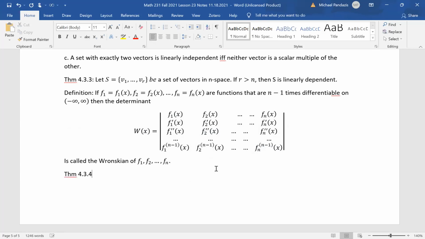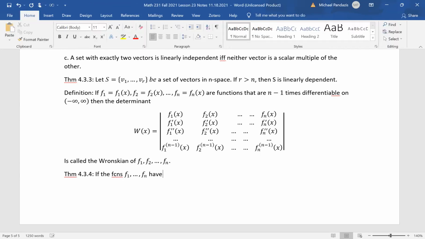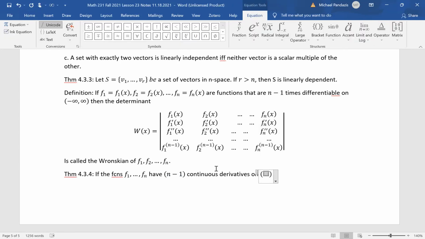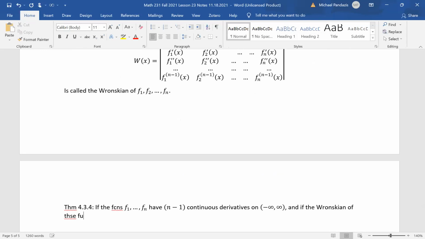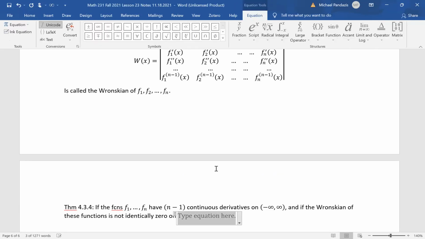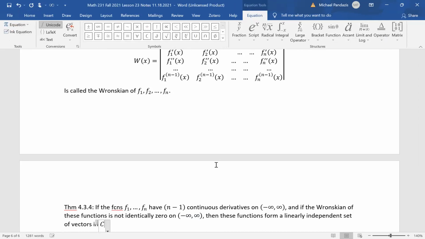So Theorem 4.3.4 says: if the functions f1 to fn above have n minus 1 continuous derivatives on the real line from negative infinity to infinity, and if the Wronskian of these functions, the value of that determinant, is not identically 0 on the real line, as x ranges from negative infinity to infinity, then these functions form a linearly independent set of vectors in the space C^(n-1) on the real line.